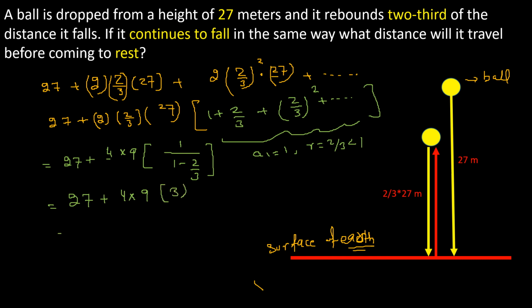So we get 27 plus 4 times 27, which is equal to 27 times 5, which is 135 meters. So it will cover a distance of 135 meters before coming to rest.